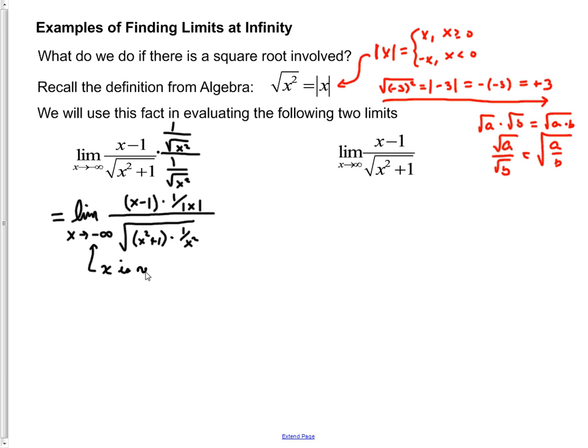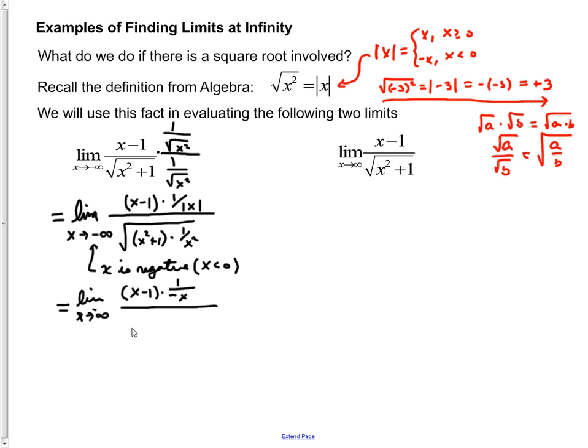In this case, x is negative. We're letting x go towards negative infinity. So we're dealing with the part of the definition that says when x is less than 0. In this case, that will be the limit as x goes towards negative infinity of x minus 1 times 1 over negative x. And that will make a difference for us in just a moment.